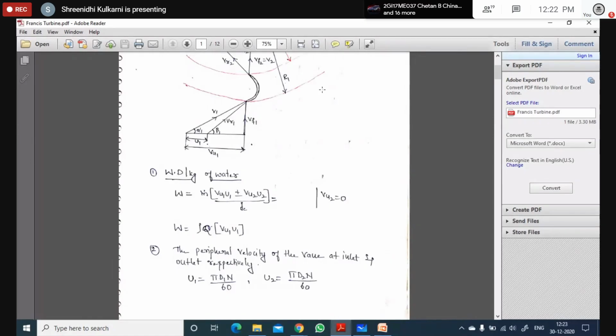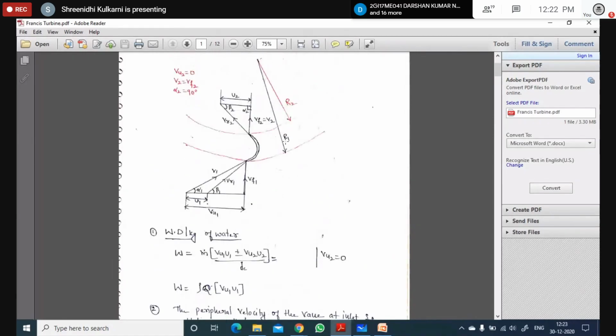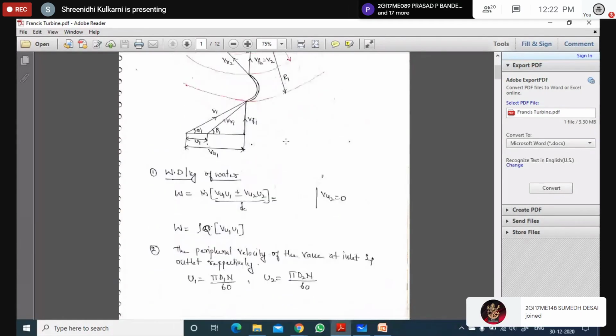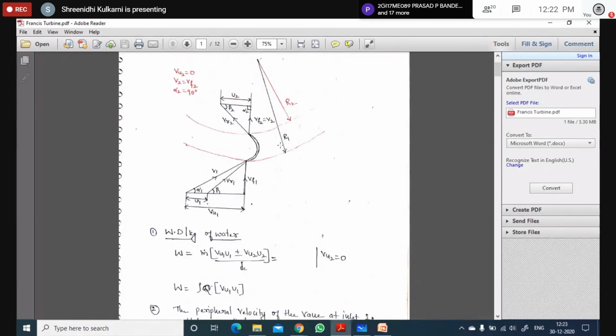So you want to take the velocity triangle? If you want, you can write separately: inlet velocity triangle separately, outlet velocity triangle separately.